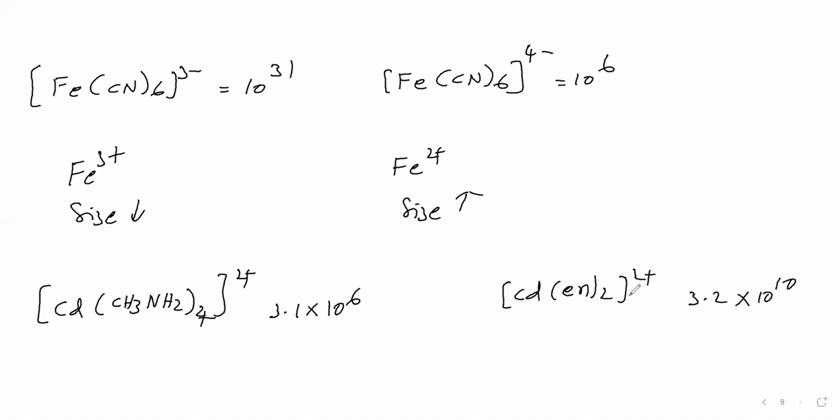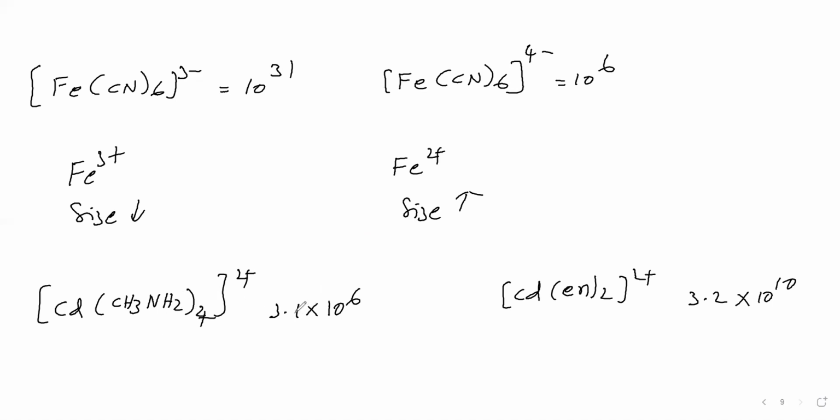Here stability is more because en is ethylene diamine, a bidentate chelating ligand. One ligand makes two dative bonds with the central metal, therefore a ring structure is formed, so stability is more. Methylamine is a monodentate ligand. One ligand makes one dative bond, therefore a ring structure is not possible. It is not a chelating ligand, therefore stability is less. Chelating ligand, stability more. Normal ligand, stability less.